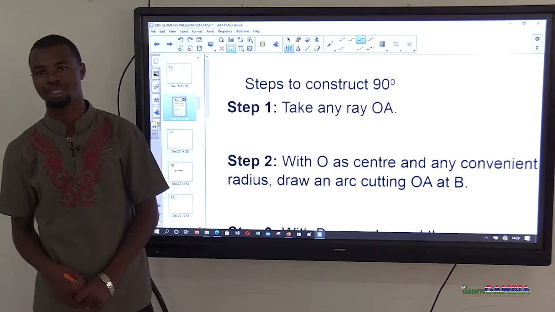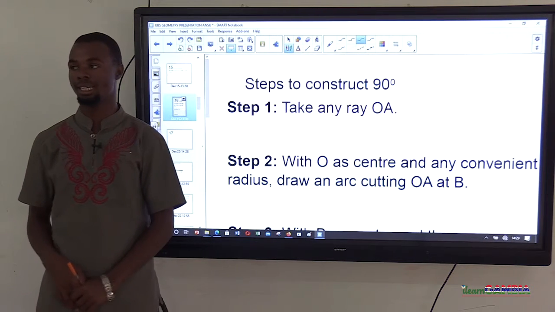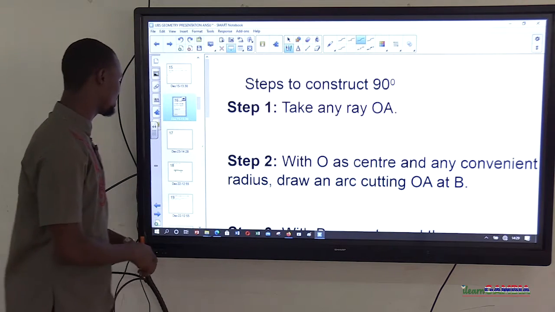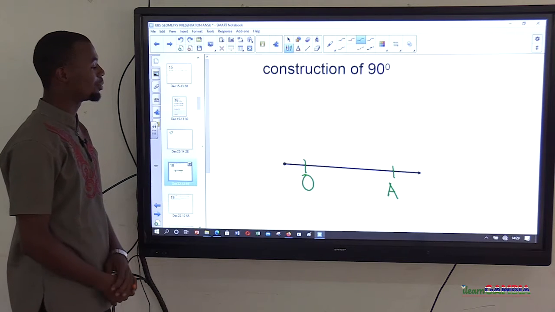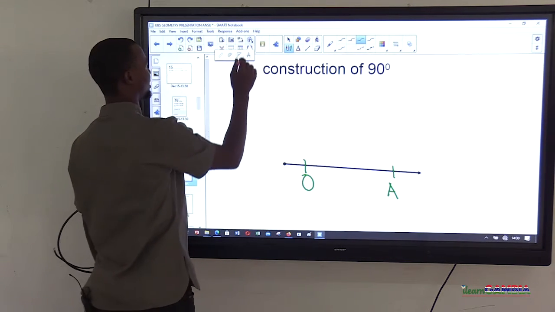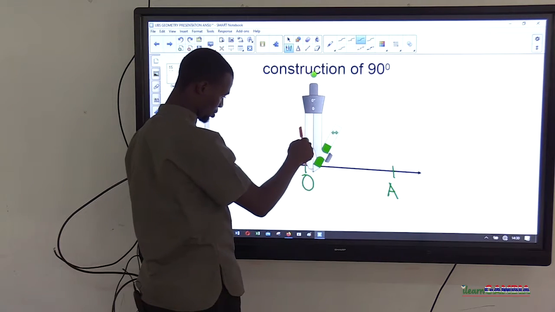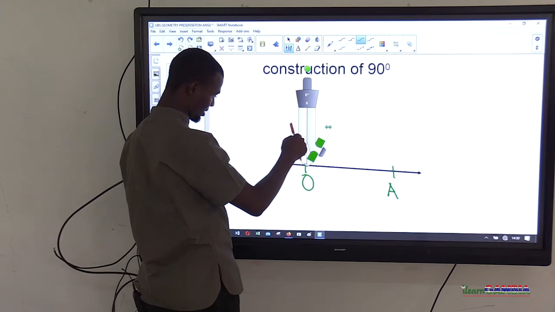With center O and any convenient radius, we get our compass.